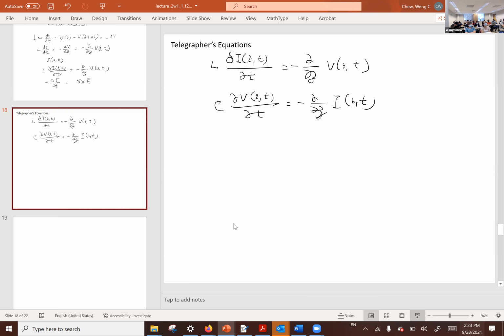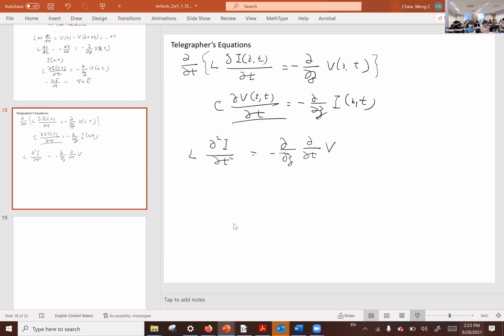And then what we can do is convert this into a wave equation, just like what we did for Maxwell's equations. We have two equations that are too complicated, so we combine them into one by taking the derivative of one of these equations. I don't know, you might choose to do it differently from me. If you differentiate this with respect to time, then you have partial squared V over partial t squared.